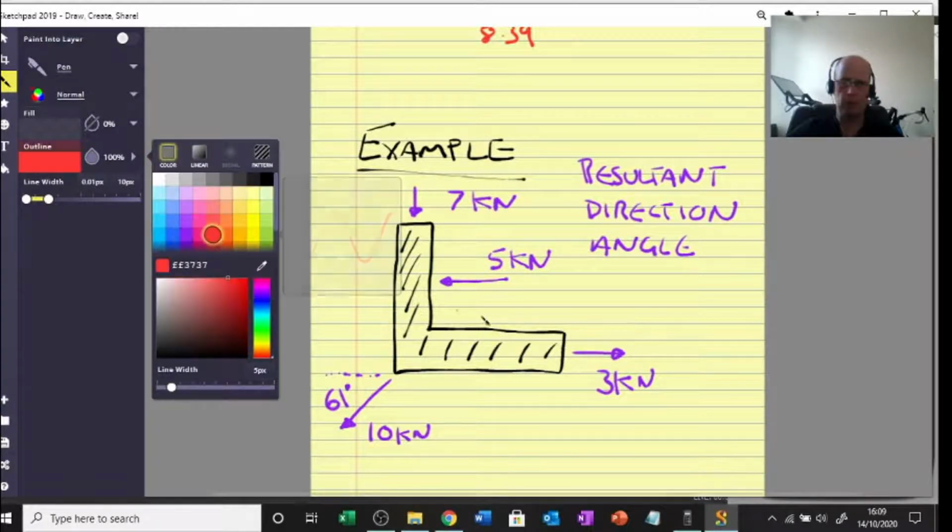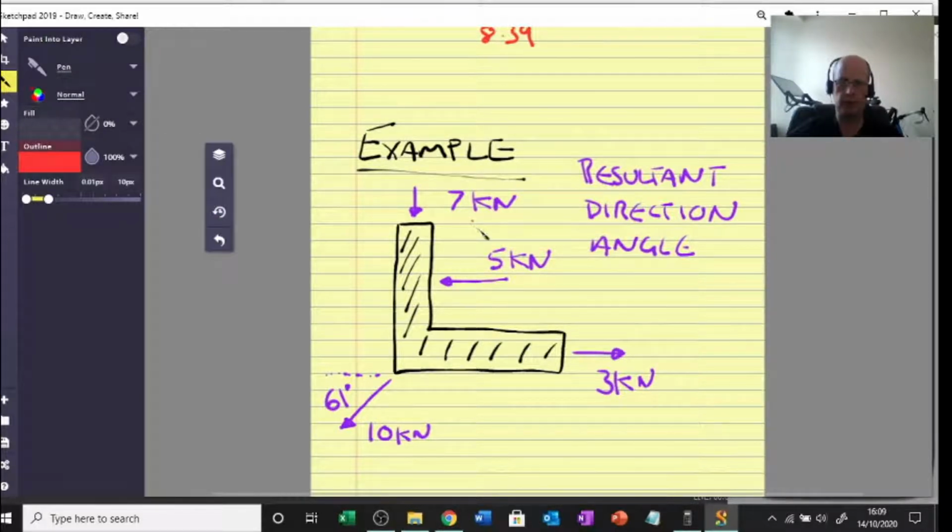Don't forget, this one's quite an easy one because it's vertical. This one's quite an easy one, it's horizontal. This one's quite easy, it's horizontal. We can add these up in the grid, nice and easy. This one here, what we'll have to do is convert this now, the horizontal force.